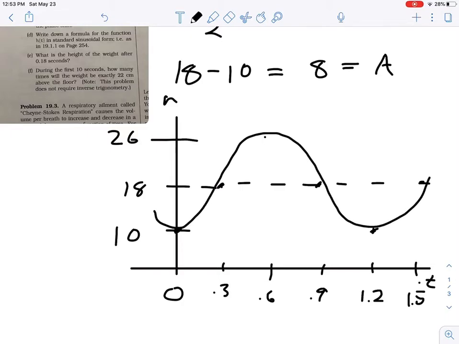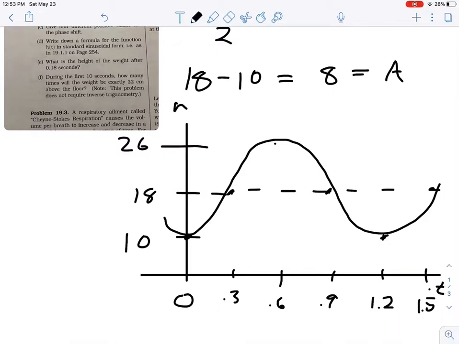Now I need to find the equation of this. By going from my top to my bottom there, I could find my h, or my phase shift, where this shifted over. H is right here at 0.3.